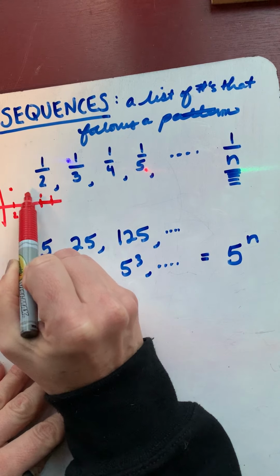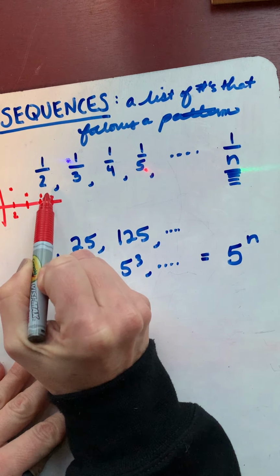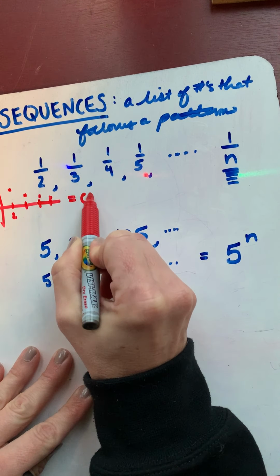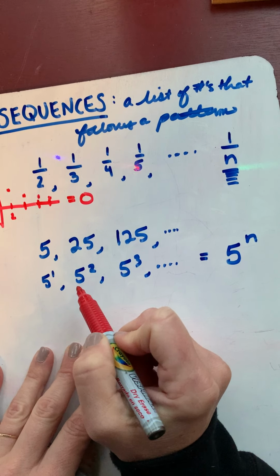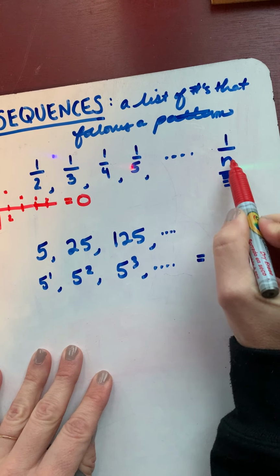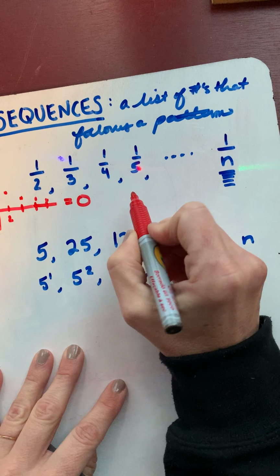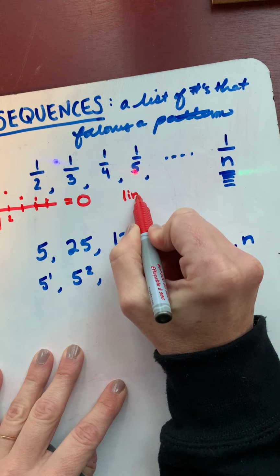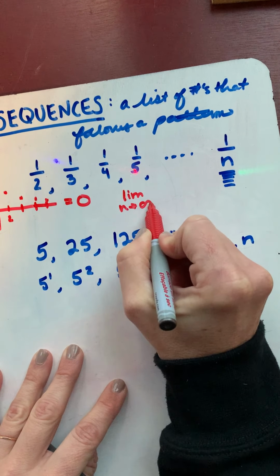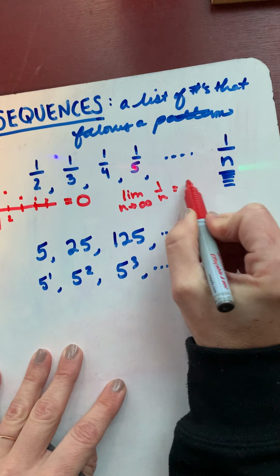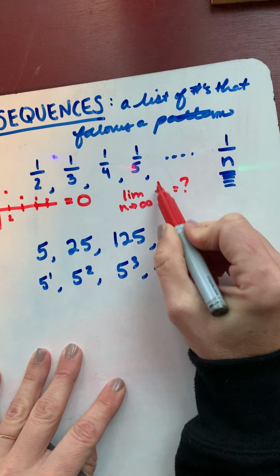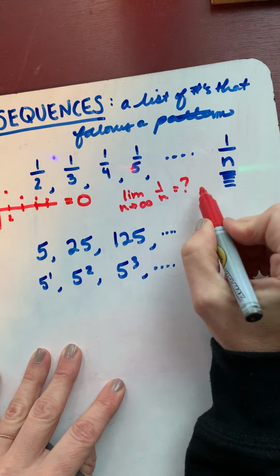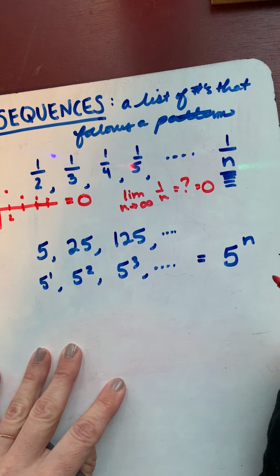What are my values getting closer and closer to? I'm getting closer and closer to 0, which I can also think about as what happens as n becomes infinity. So really what I'm asking is, what is the limit as n approaches infinity of 1 over n? Well, 1 over infinity is what I'm really looking at, and that is going to be 0.